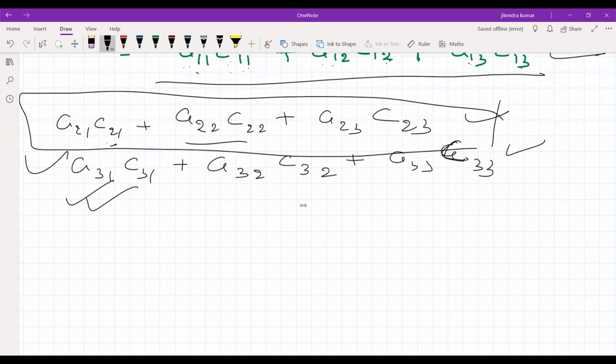Then the fifth one says if the determinant is equal to A11, then what will be the answer here? See question number 5 of exercise 4.4.